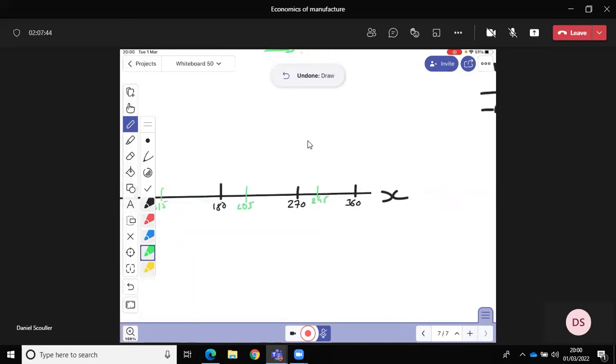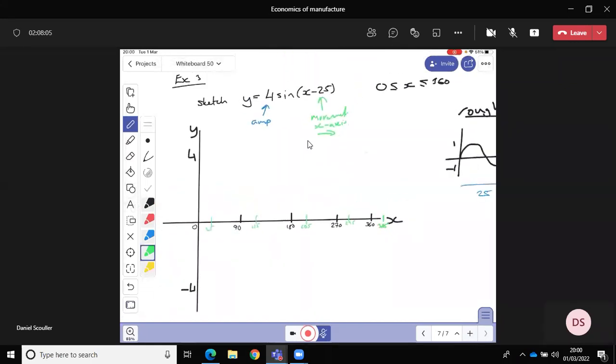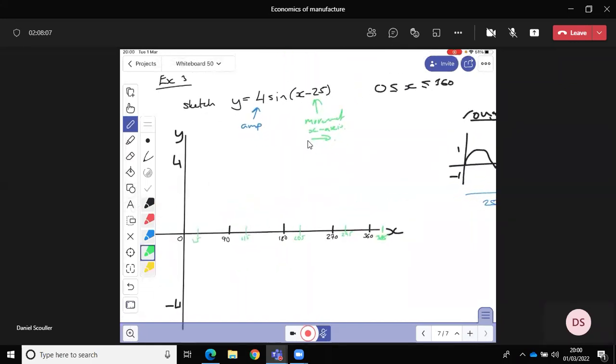And then you can put it on just for understanding. But again, remember, you don't have to do it because your limit's going to be your 360. But you can put 385 there just to focus your ideas to see where it's going. A sine graph starts when y equals 0.